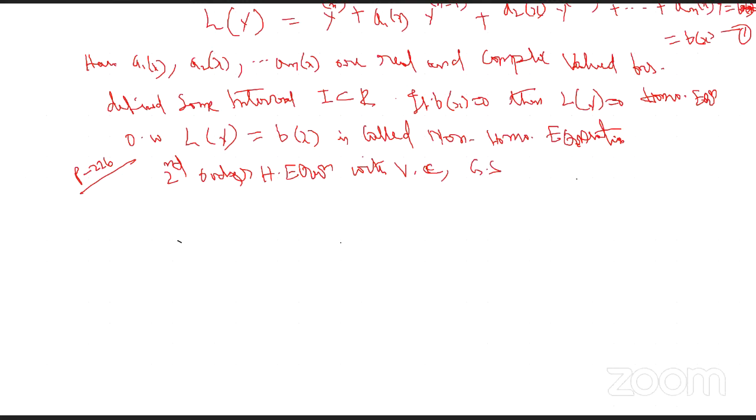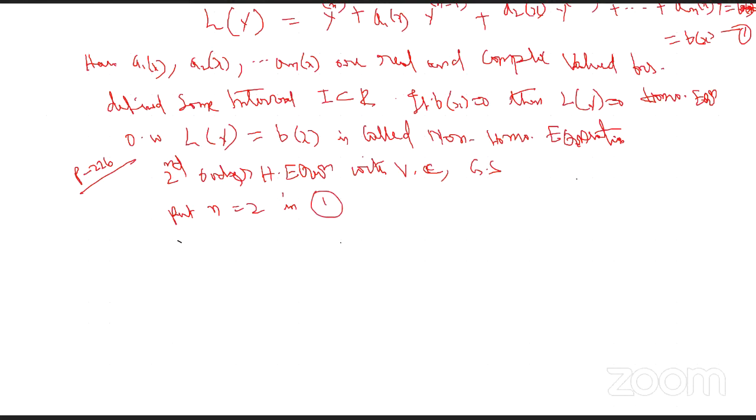So the general second order non-homogeneous linear differential equation with variable coefficients is obtained by taking n equal to 2 in equation number 1.